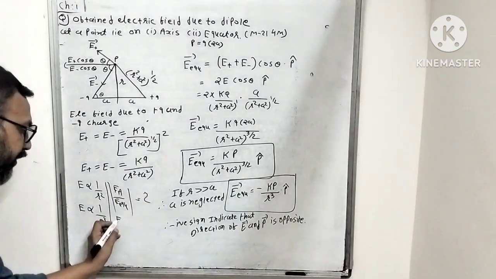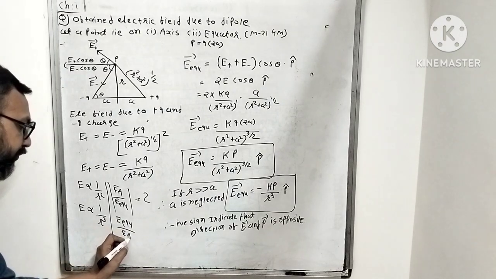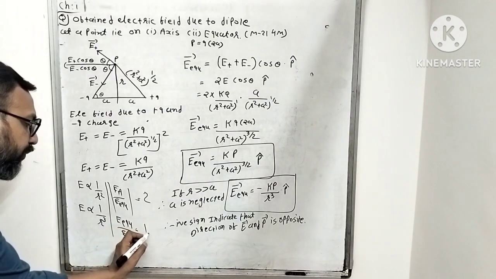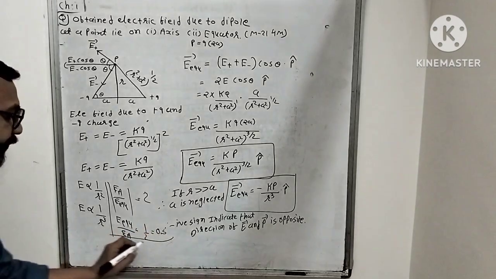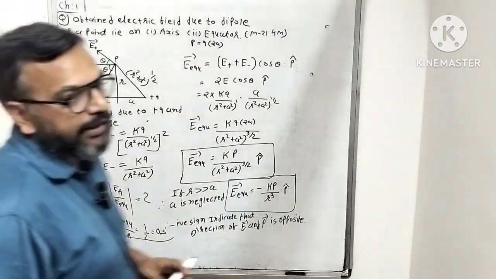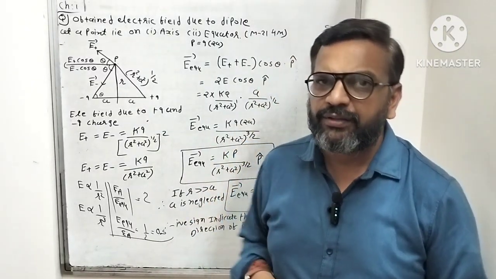And if they ask E equator upon E axis, the ratio is 1/2 or 0.5. Okay, best of luck. Hari Om. This is the most important theory.